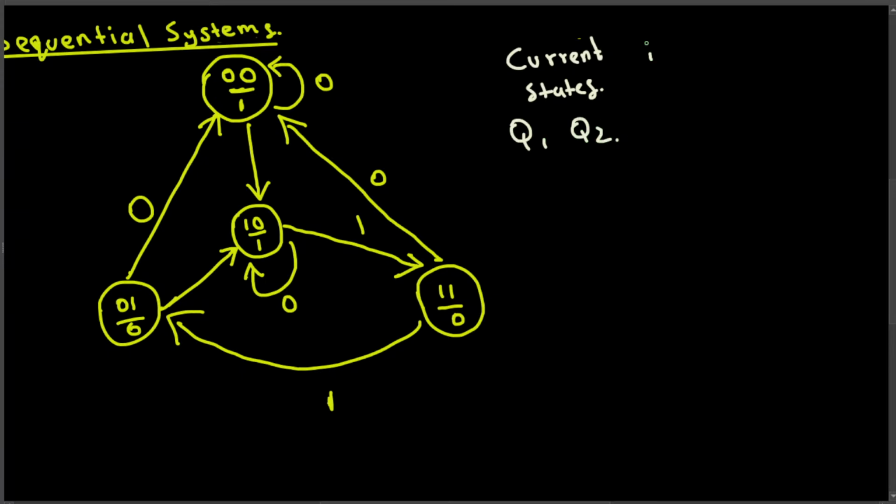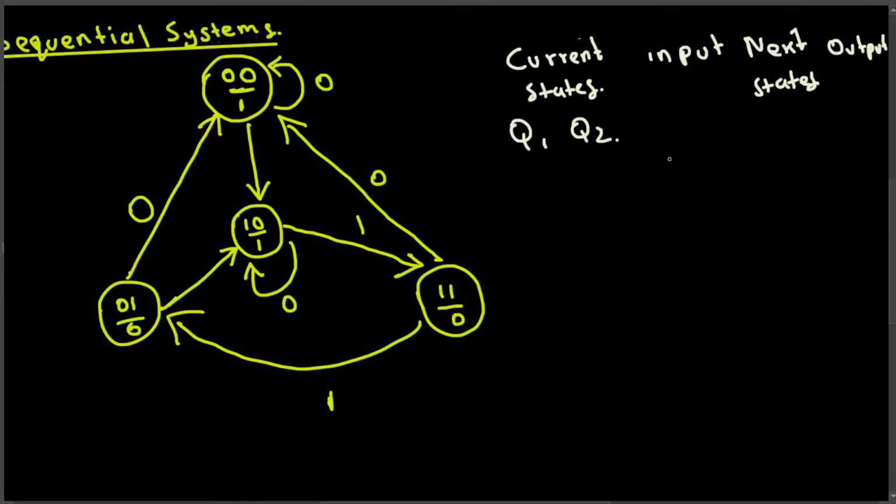Then the input, and then next states, and the output. I still need some more space to put the JK flip-flop truth table as well, but I don't have enough space, so I'm going to do this one here and then copy this one and do it on the next page.